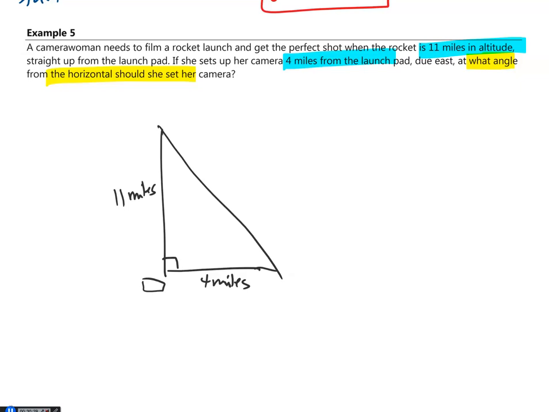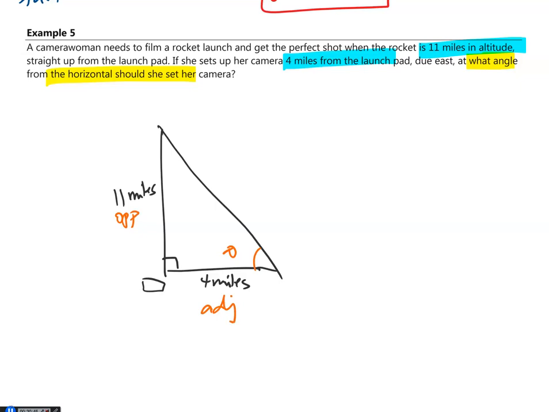So we want to get the angle from the horizontal. So this is that angle. And from this angle, this is the opposite side, and this is the adjacent side.